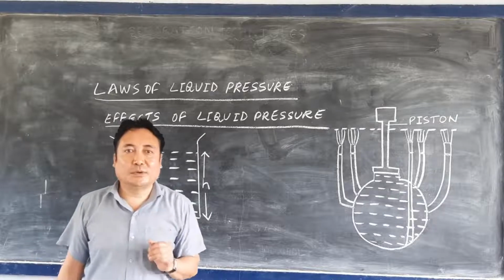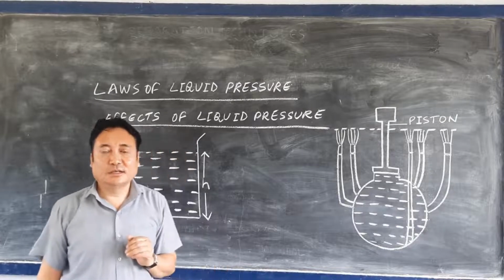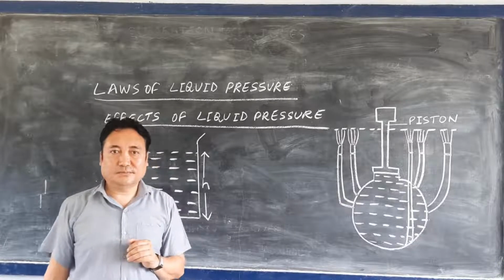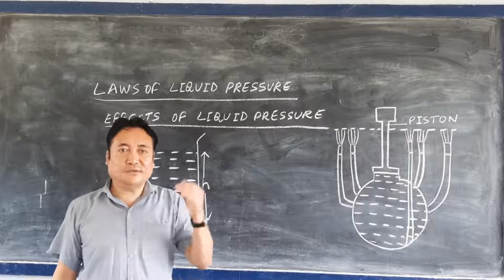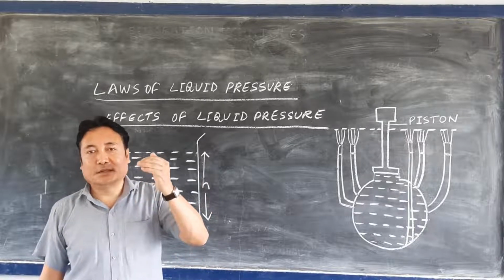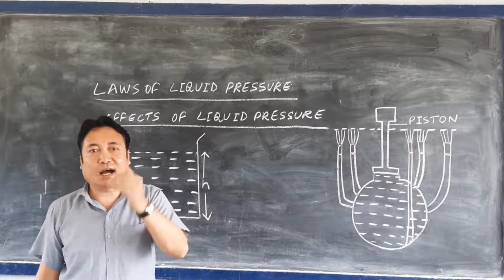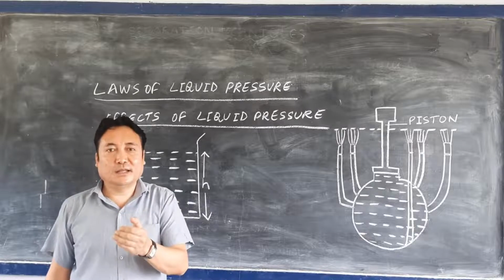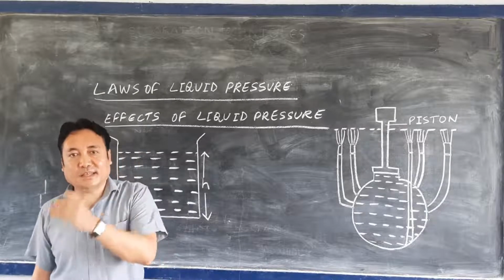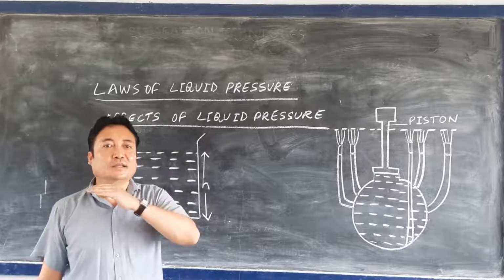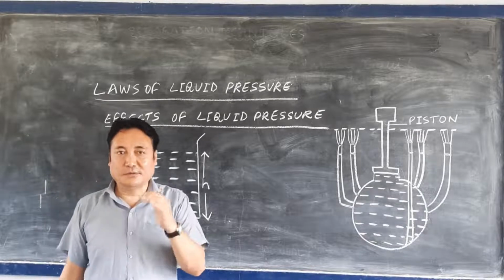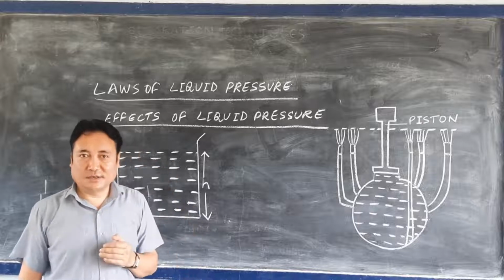To understand the first law, take 2 vessels or containers and fill them with water. In the first vessel you fill less water so that the height of the water level will be less. In the second vessel you fill more water, that means you fill the entire vessel, so that the height becomes more.